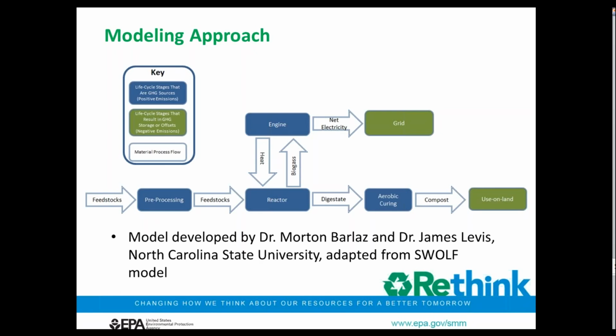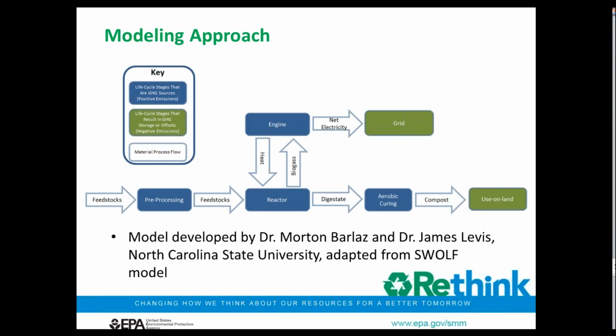On the diagram here, this is just a quick flow overview of how the process works. The blue boxes indicate stages that are a source of greenhouse gas emissions, so have positive emissions. The green boxes indicate stages where greenhouse gas emissions are avoided, so they have negative emissions.